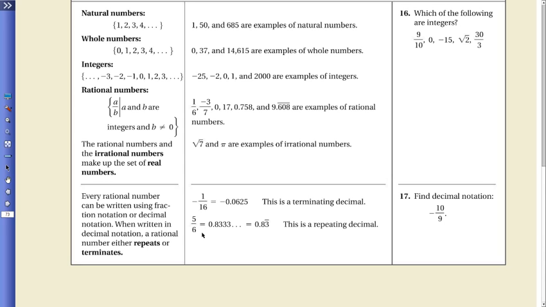Now with 5/6, if you take 5 divided by 6 on your calculator, you're going to get 0.833333333, and then it's going to be the end of your display. You could probably recognize that the 3 seems to be repeating. And how we deal with that is to put a bar over that 3.